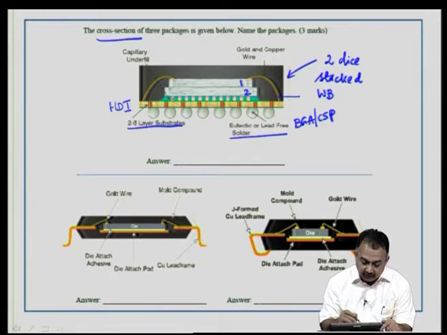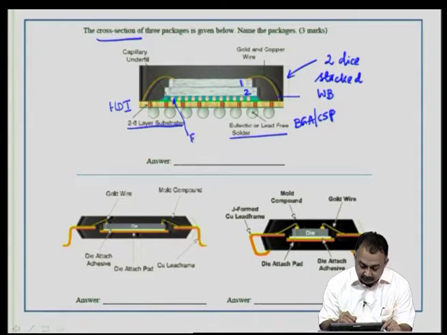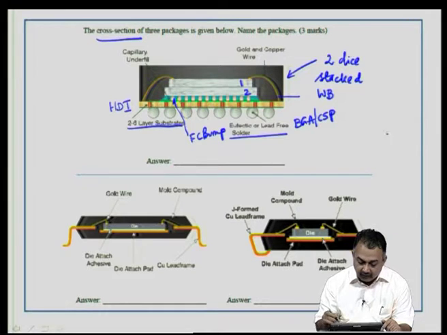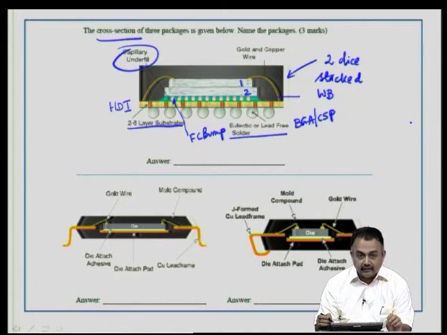The other information that you have from this figure is that there are bumps, which basically are flip chip bumps, and then underfill is used in this particular package. That means we can confirm that chip number 2 is a flip chip, and that is not the same with die number 1.